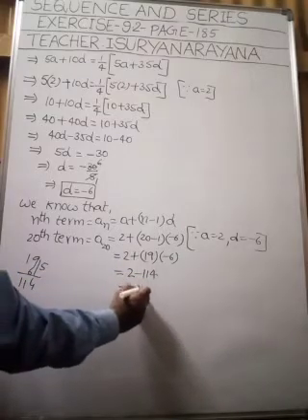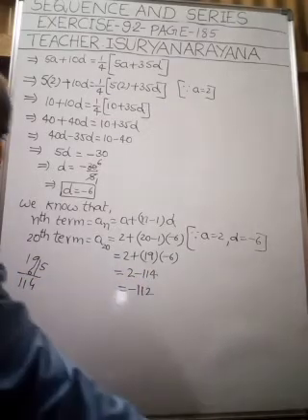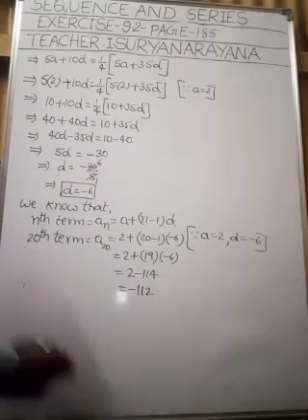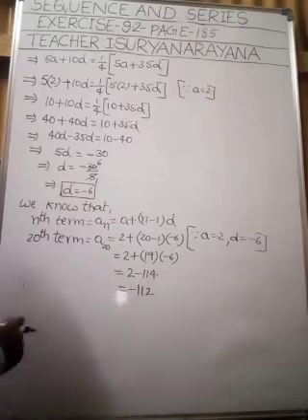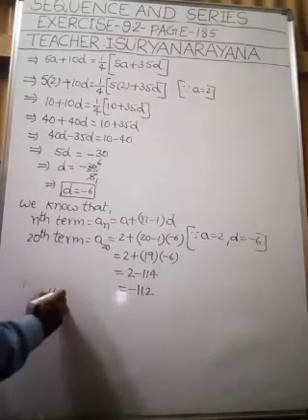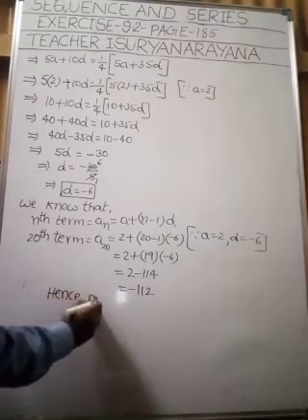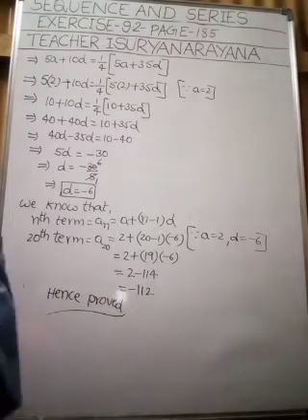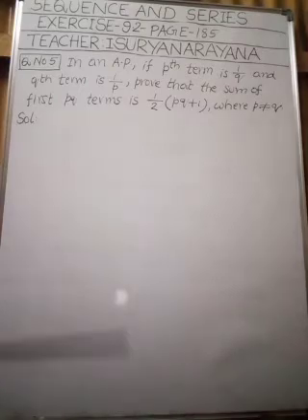So 2 minus 114 is minus 112. This is the 20th term of the AP, which is to be proved. Yes or no, my children? Hence proved. Understood, my children? Right. Now come to the question number 5.